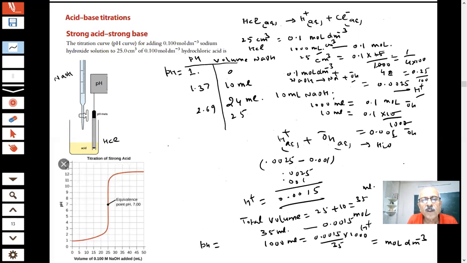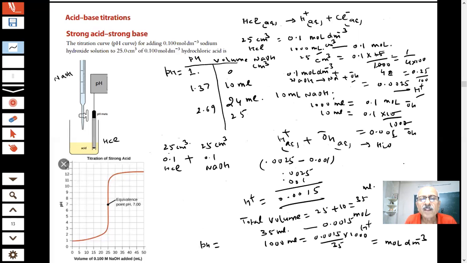But as soon as you add 25 milliliter of NaOH, just a small change, what happens? You are using 25 centimeter cube, milliliter or centimeter cube, they are the same thing. You have 25 centimeter cube of 0.1 molar HCl. If you add 25 centimeter cube of 0.1 molar NaOH, the number of H ions is equal to the number of OH ions.